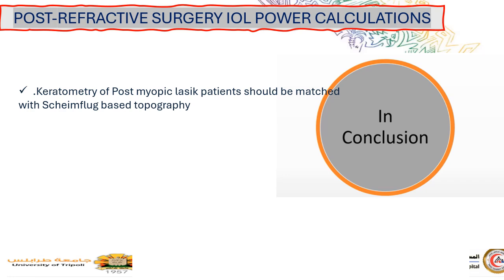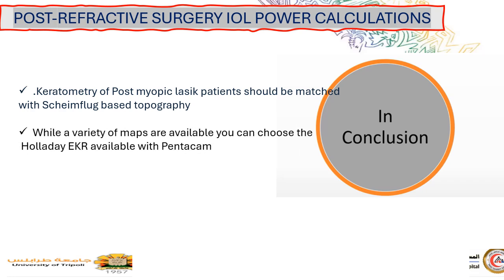So the keratometry should properly match the formula to be used, ideally using the Scheimpflug technology to measure the total corneal power map instead of the presumed keratometric index, which uses the K reading from the anterior surface of the cornea only.